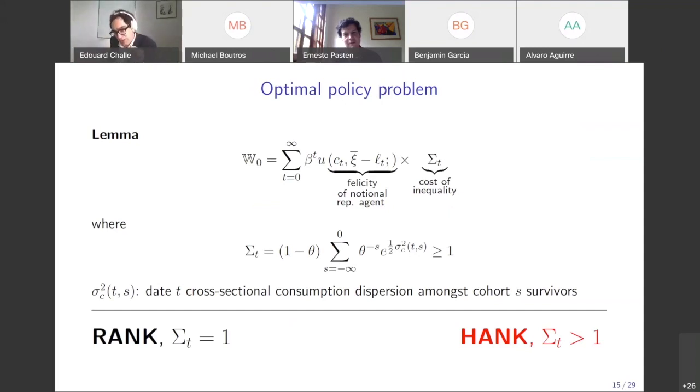Now, regarding the specific social welfare function that we are positing, it's one among many possible functions, in the sense that it's a utilitarian social welfare function. So it aggregates the welfare of all the agents with a specific set of welfare weights. This is something that we are now relaxing.